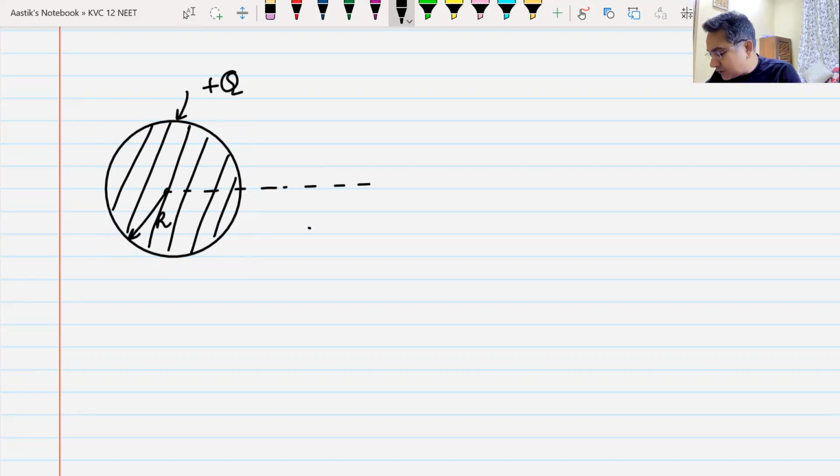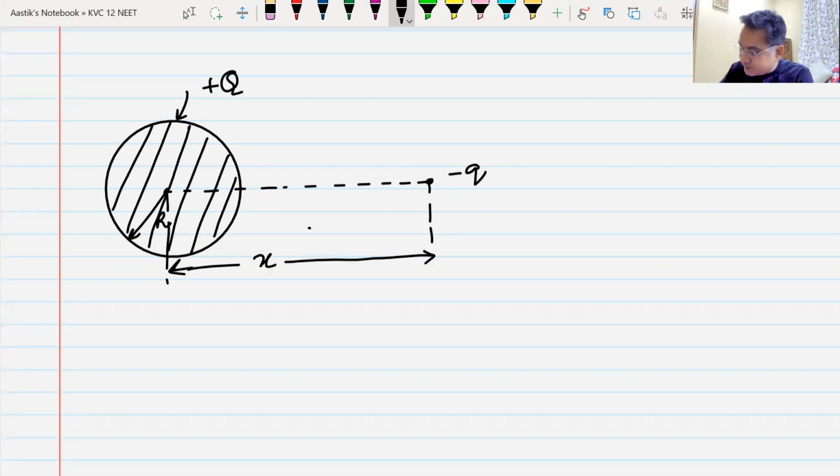And then you have a small charge minus q placed at a distance of x from this conducting sphere. We have to find the energy of this system.